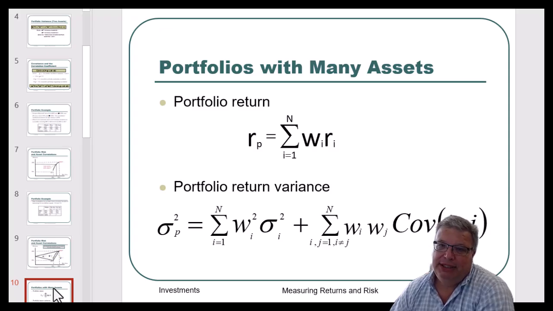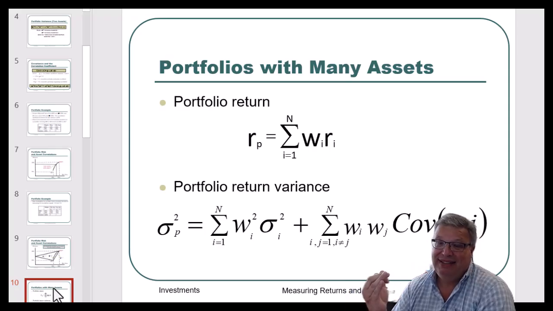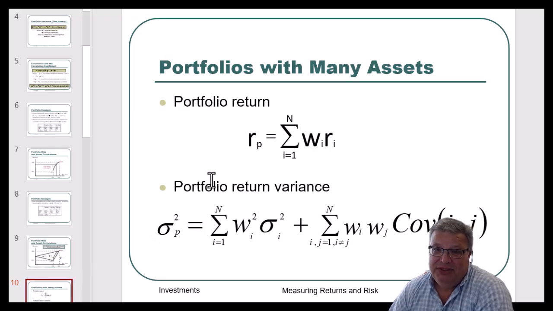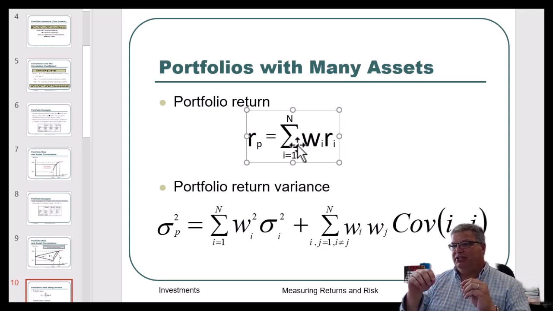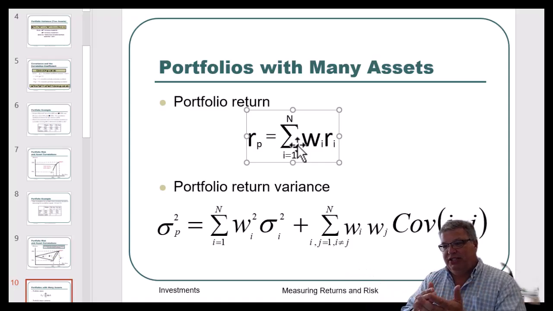This is what the equations look like for returns and variance when we have more than 2 assets. And this one for return, it's just a summation sign, and that just means that for every stock we have, we add 1 more term, which is the percentage of that portfolio invested in that stock times the return.